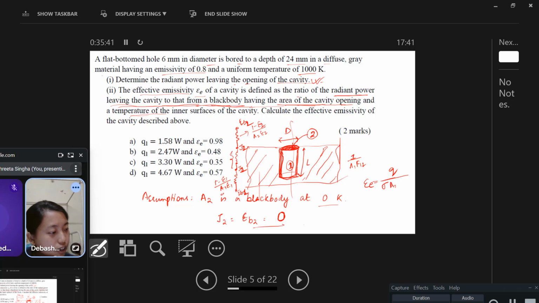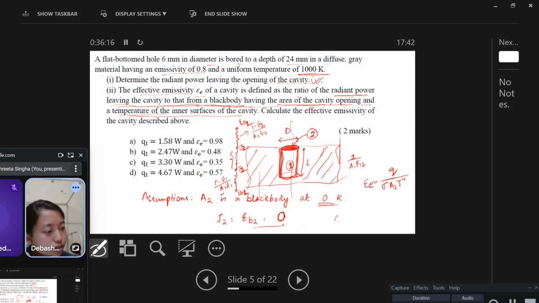A is A2 because this is the opening and this is a black body. Now the temperature: we had taken T equal to 0, but they are not asking for that. They have asked to take the temperature of the inner surfaces of the cavity. So T should be 1000 Kelvin, as the inner surface was at 1000 Kelvin.